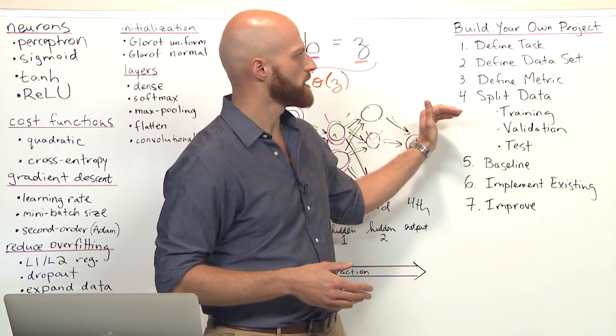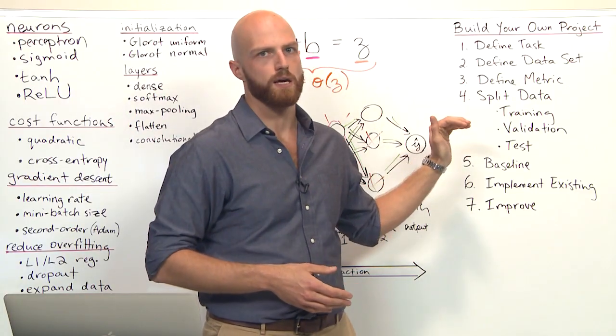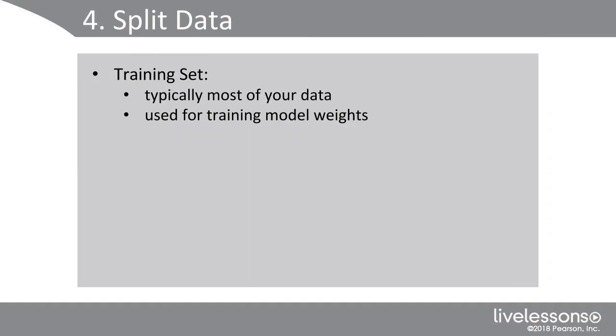The next step is to split your data set. So throughout these live lessons, we've had a training set that was most of our data. With the 70,000 MNIST digits, we were using 60,000 of them to train on and 10,000 of them to validate.